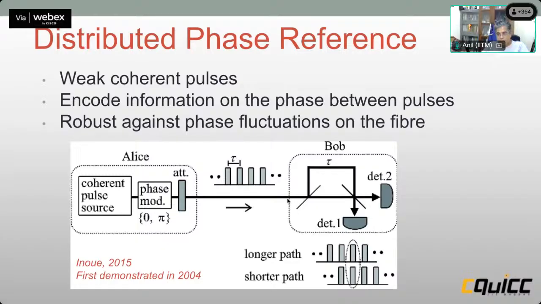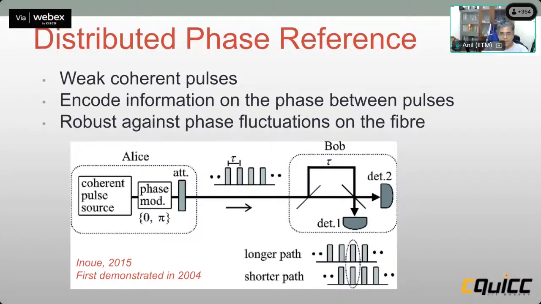In the quantum mechanical picture, it is in both paths, and it will interfere. So the leading edge of the photon, which is out here in the long path, will interfere with the trailing edge of a photon in the short path, and then you will detect it in either detector 1 or detector 2, depending on if there's a phase shift or there's no phase shift.